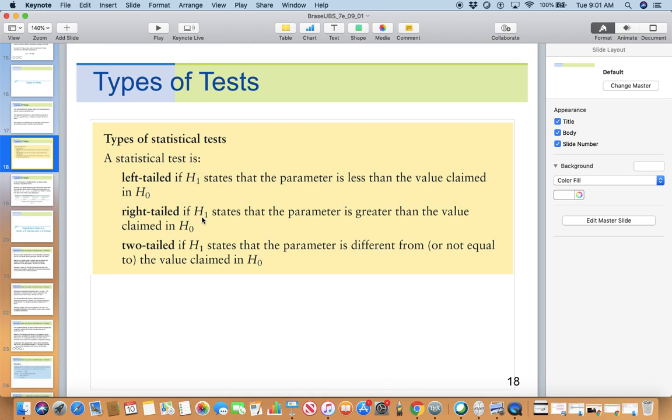Right-tailed if H1 states that the parameter is greater than the value claimed in H0. Two-tailed if H1 states that the parameter is different from or not equal to the value claimed in H0. Okay, left-tailed, less than; right-tailed, greater than; two-tailed, not equal.